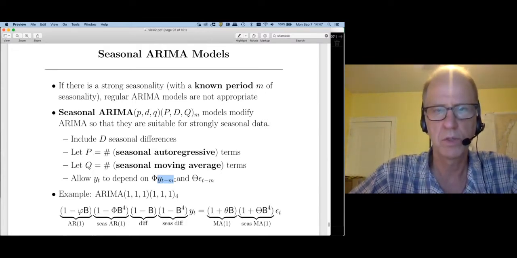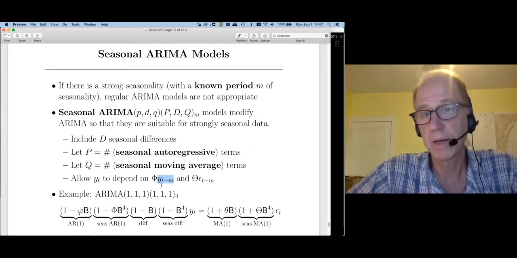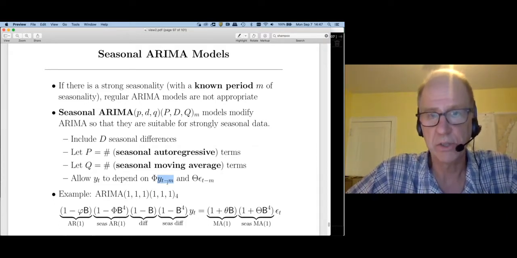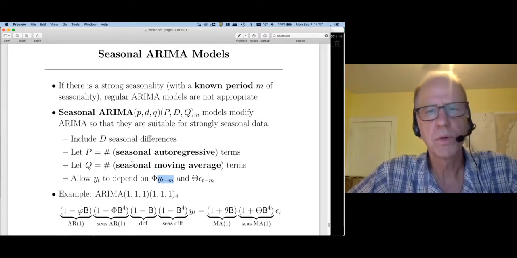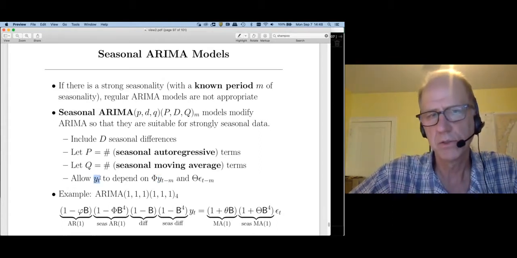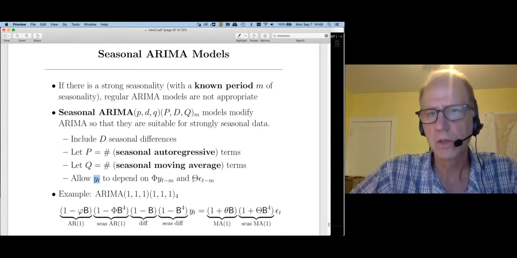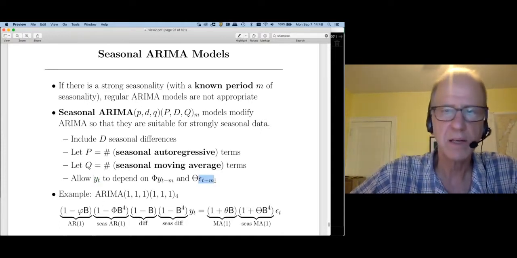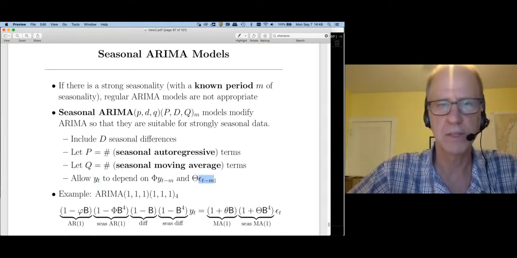So in other words, first quarter this year could be predicted by first quarter last year. We'll also include a seasonal moving average. So my sales first quarter this year could depend on the error from first quarter last year.